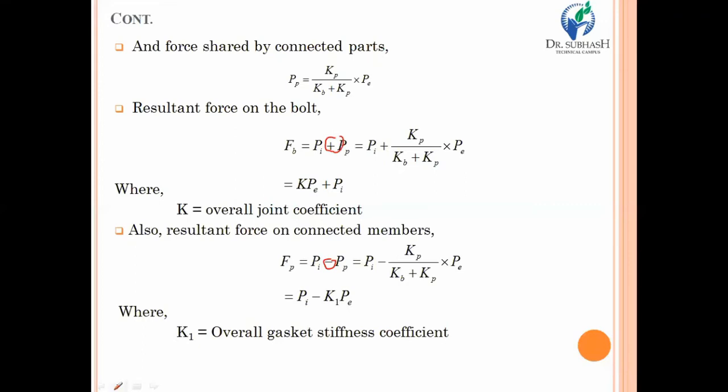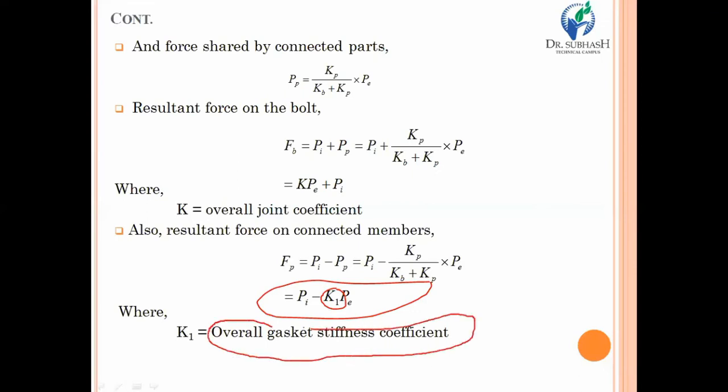So that's why over here the force on the connected member is subtracted from the initial force Pi. So once again, by solving this relation, you will have the relation like that. And once again, there is a constant K1, and K1 is generally known as overall gasket stiffness coefficient.